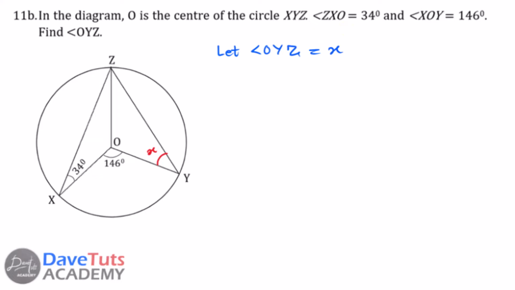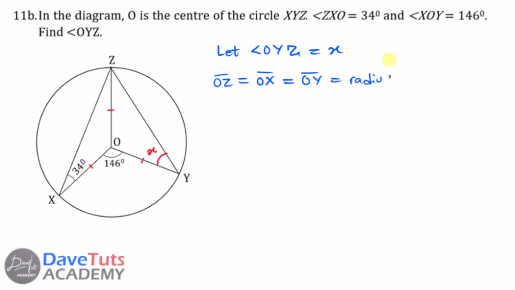Then from this particular diagram, let's use our understanding of circle theorems and circle geometry to see how we can find this angle. First, we know that from the center of the circle to the circumference is the radius. This is also a radius, and this is also a radius. You can see each one of them is from the center of the circle to a point on the circumference. So I can say that lines OZ, OX and OY are radii of the circle.